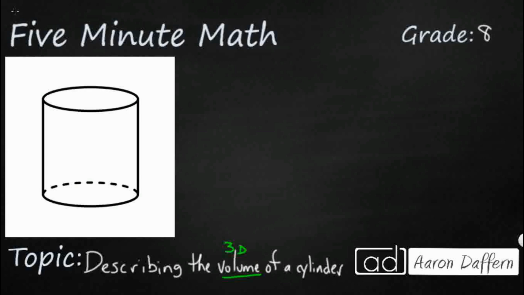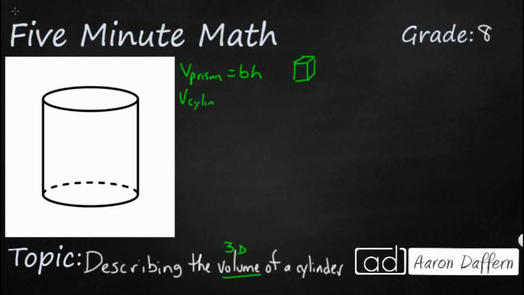Well, here's the funny thing about volume. If we're looking for the volume of a prism, so maybe like a cube or rectangular prism, right? That's base times height. How do we find the volume of this cylinder?